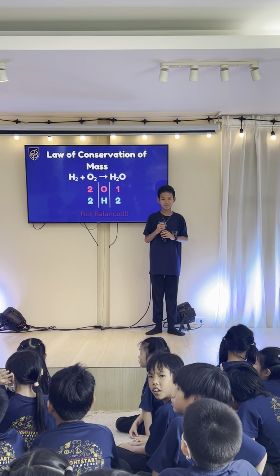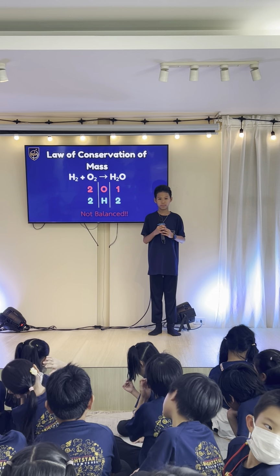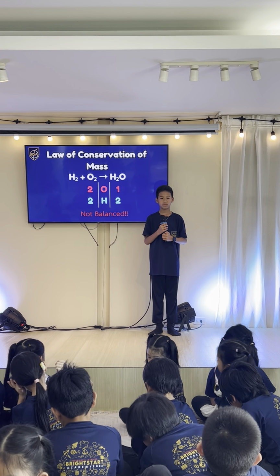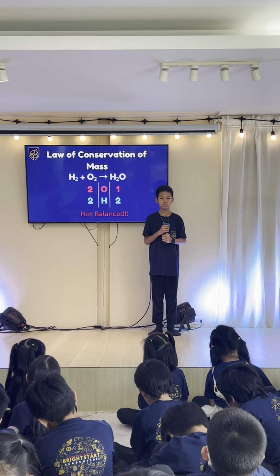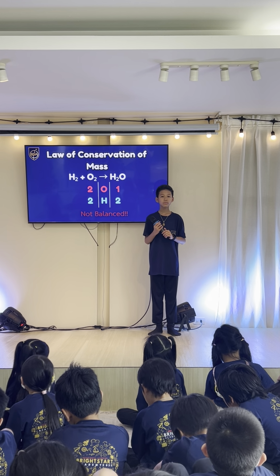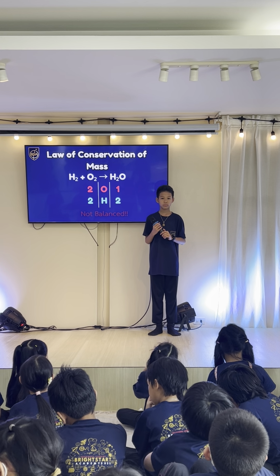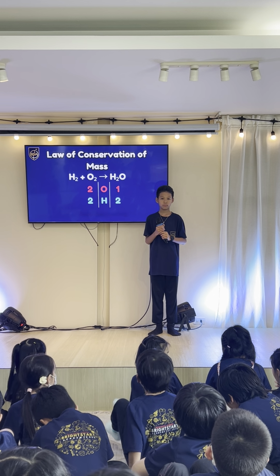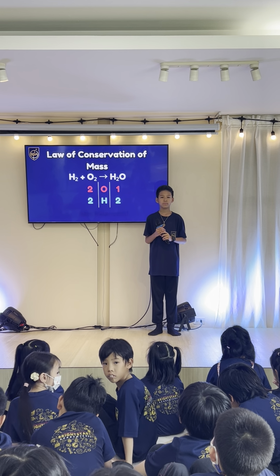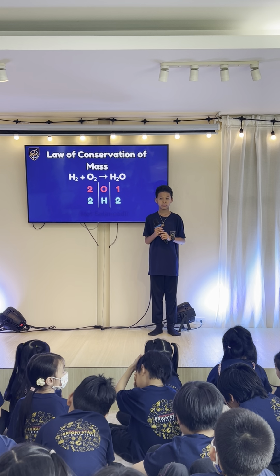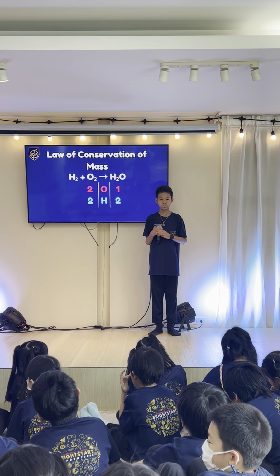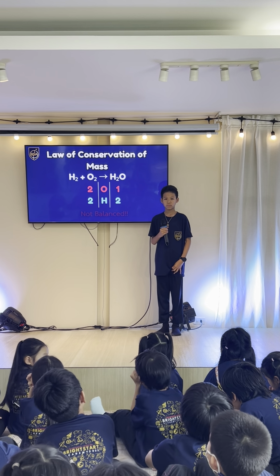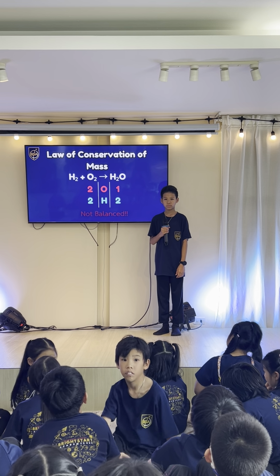To make it easy to understand, you said that mass cannot be created or destroyed, meaning it can only change into another form. If it has 2 oxygen, it's going to have 2 oxygen. It cannot reduce to 1 oxygen or add more to be 3 oxygen. So in this equation, you have 2 hydrogen and 2 oxygen. You're going to form H2O, meaning that 1 molecule has 2 hydrogen and 1 oxygen.